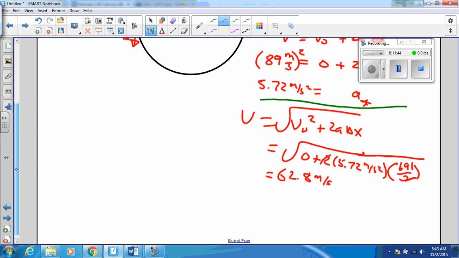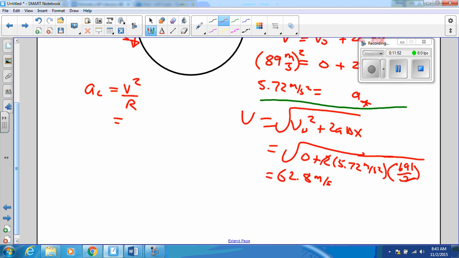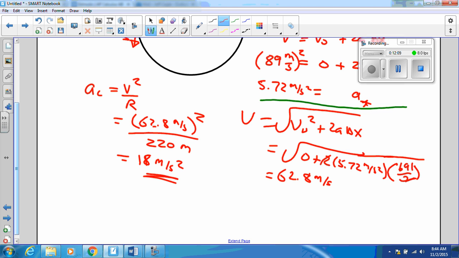Good. Okay. And so now, where are we going to go from here? V squared over R. And so that gives us now 62.8 meters per second, squared, divided by a radius of 220, which comes out to 18. You rounded up. Yeah, I used 62.